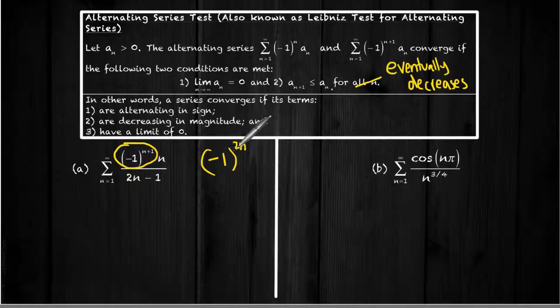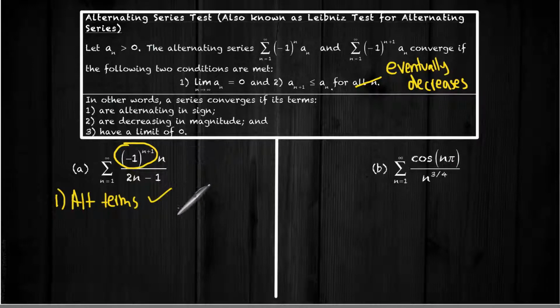So -1 to any even number will always be a positive 1, so that actually does not cause an alternating situation. However, in our case, that's not what we have, but I wanted to make sure that you were aware of that. So we will erase that. And so we see that this is first and foremost alternating in its sign. So it has alternating terms. So you'll check that off.